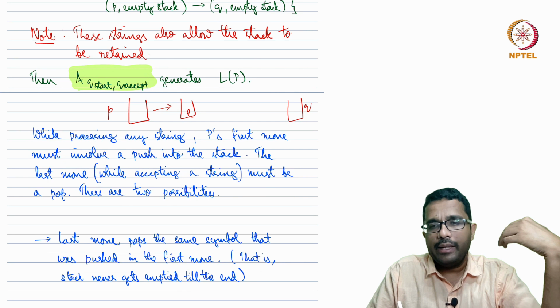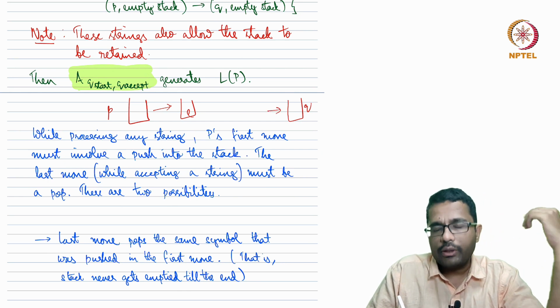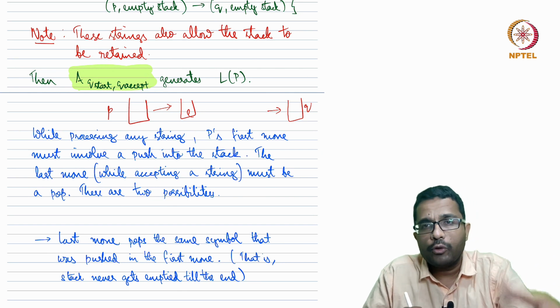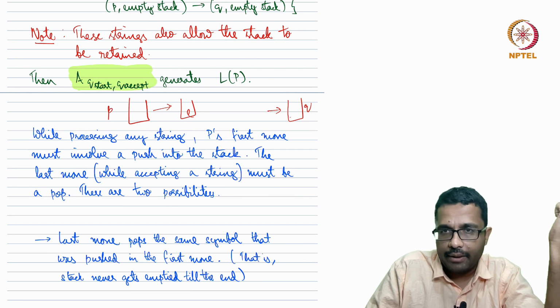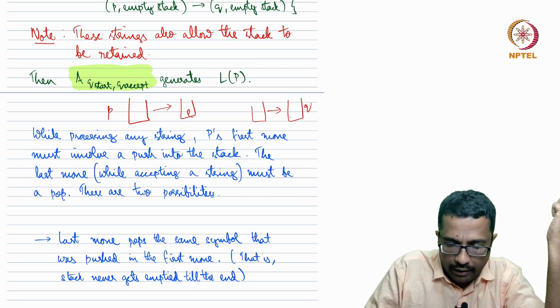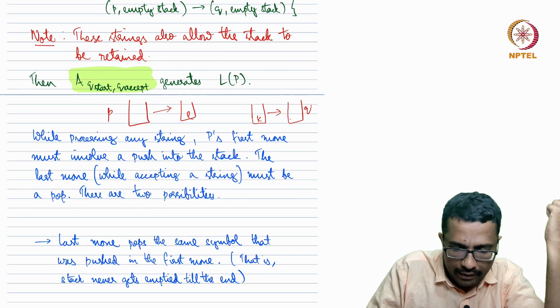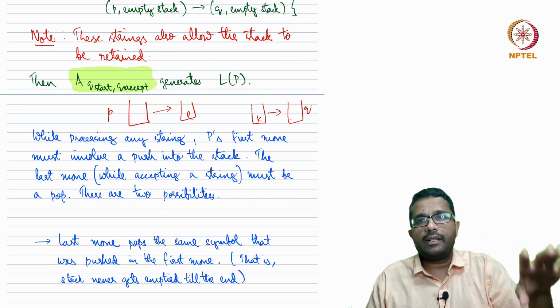Now what would have been the last move that took us to Q? We know that every move has a push or a pop. The last move would not have been a push, because if it was a push, the stack would not be empty, right? So the last move has to be a pop. So some symbol, let's say K or something, was there, that was removed, right? So there are two possibilities.